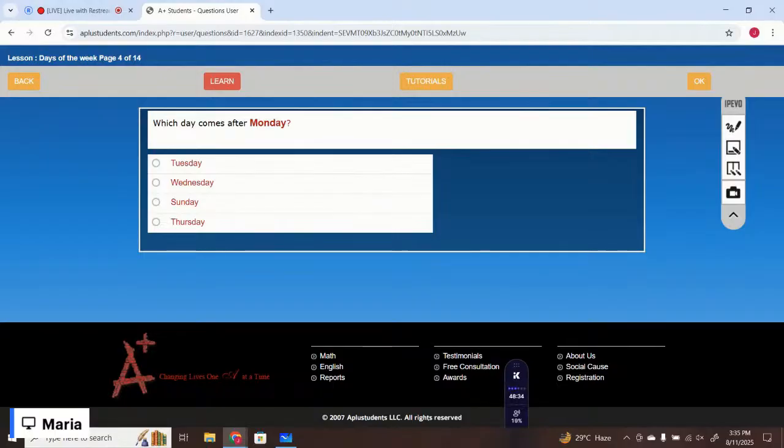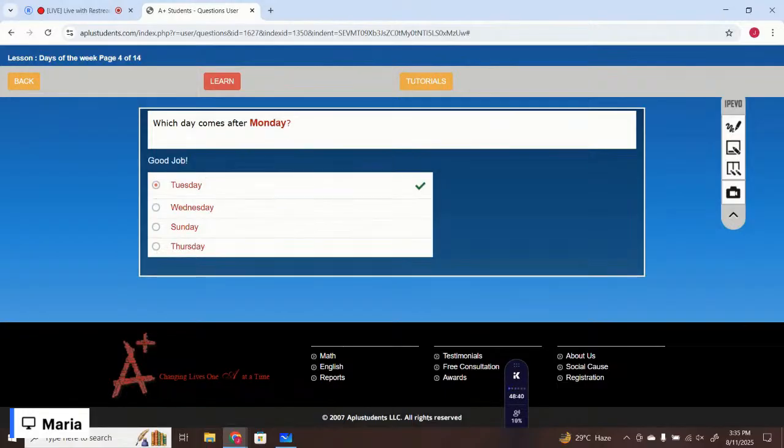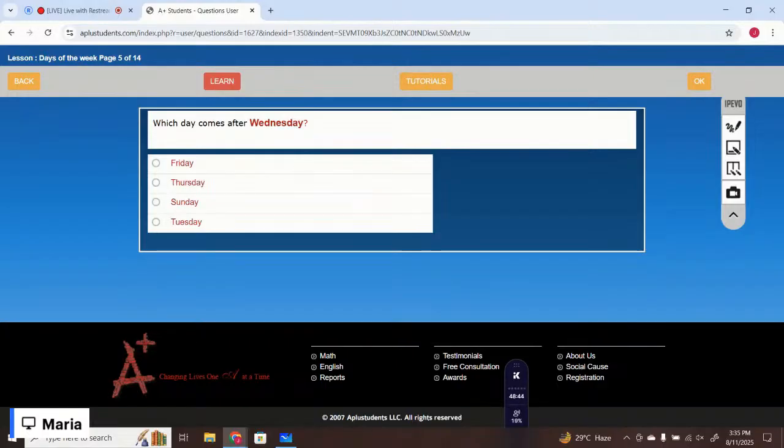Which day comes after Monday? After Monday, it is Tuesday. Option number 1 is the correct option. Which day comes after Wednesday? After Wednesday, it is Thursday.